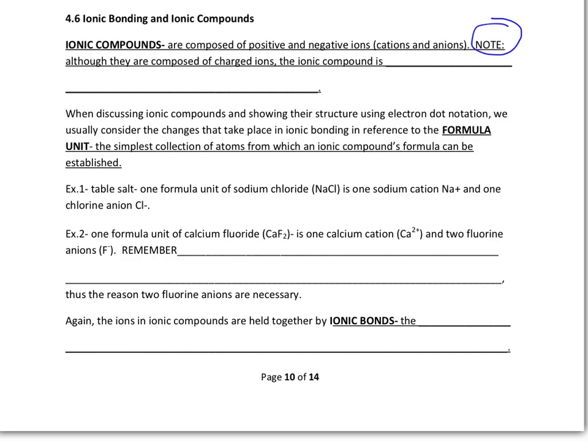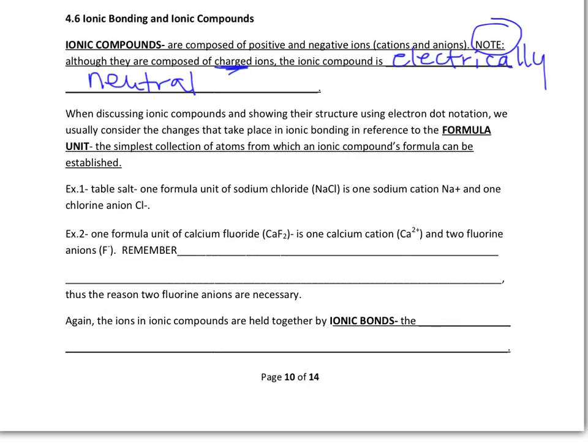Although they are composed of charged ions, the ionic compound itself is electrically neutral. We have talked about this multiple times, but I want to make sure that you always keep that in mind. It's going to be very important in figuring out how they are going to bond.